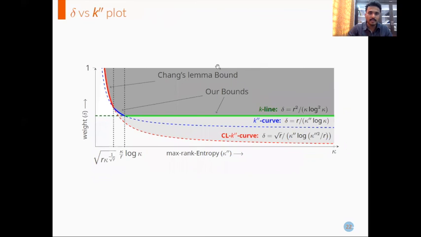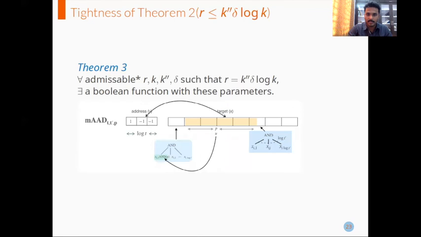And lastly, we want to show tightness of this K prime curve, which is delta equals r by k double prime log k. So the tight function for that is constructed by taking the addressing function, and this time it's like replacing target bits with ANDs, except the first one, which is not a simple AND.